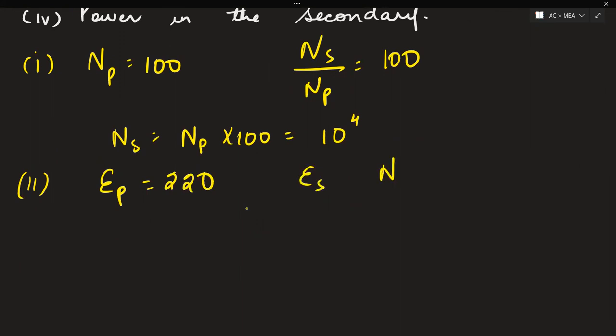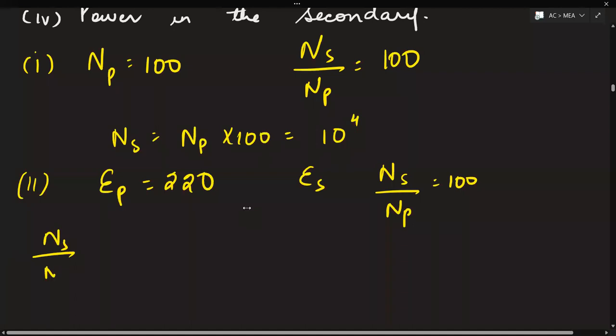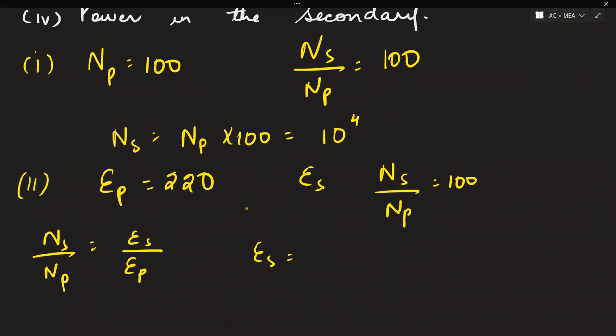NS by NP is known, which is 100. NS by NP is equal to ES divided by EP. From here, ES will be equal to NS by NP multiplied by EP. That will give you 220 and then these two zeros.